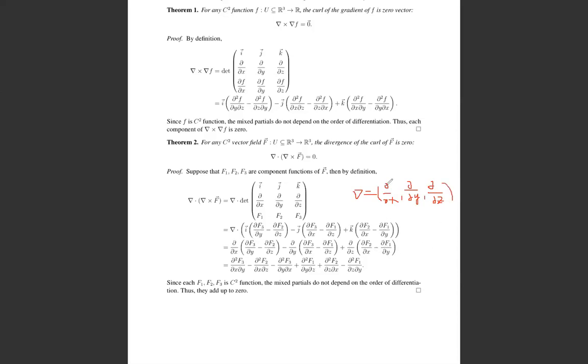When you have the dot product, that means the first component multiplied by the first component. So you have partial x applied to this part. Same thing for the second component, so minus partial y applied to here, plus partial z applied to here, the k component.